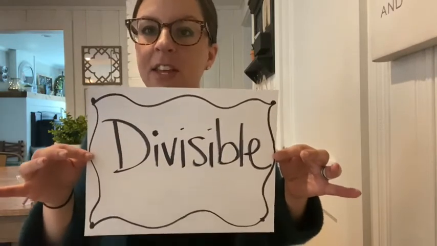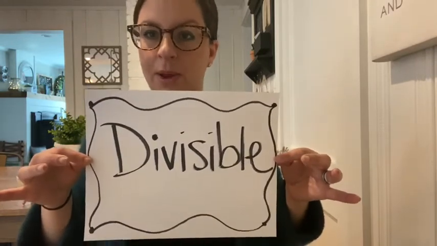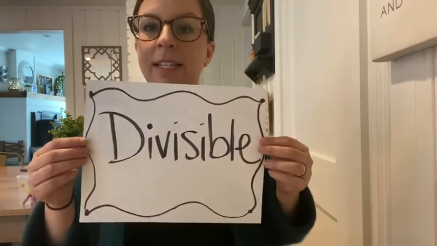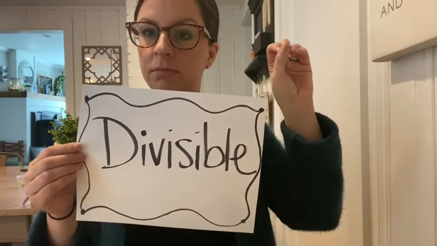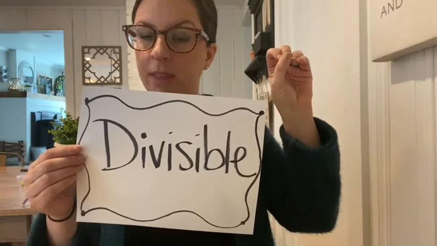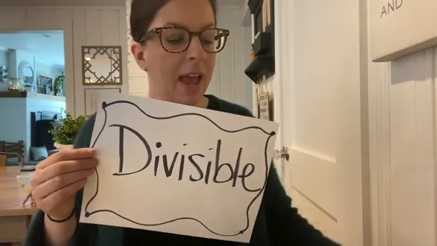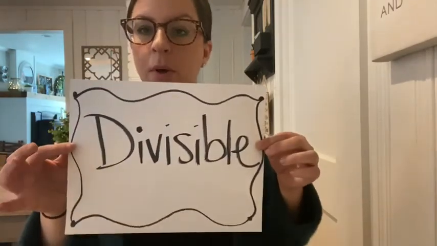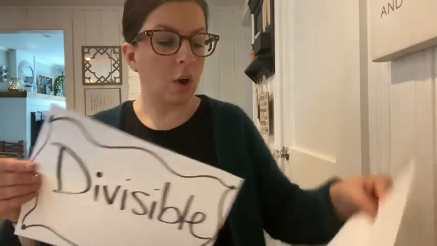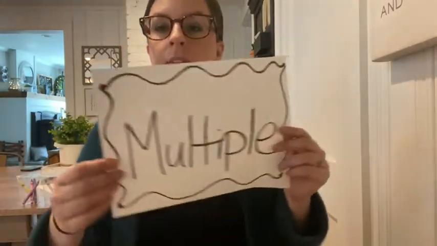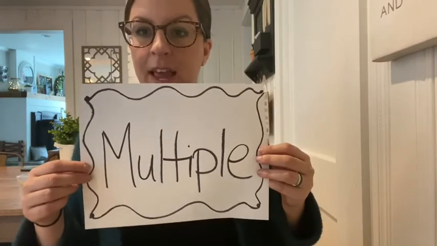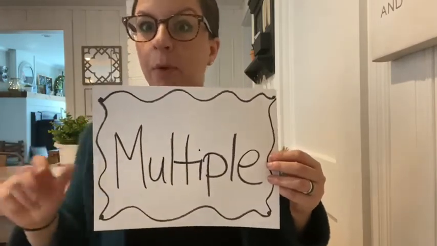There's an even number of groups, okay? You can also say, instead of saying divisible by 10, because remember, division and multiplication are family, right? They're cousins. And if you can say it's divisible by 10, you can also say that a number is a multiple of 10. So let's look at an example in your book.